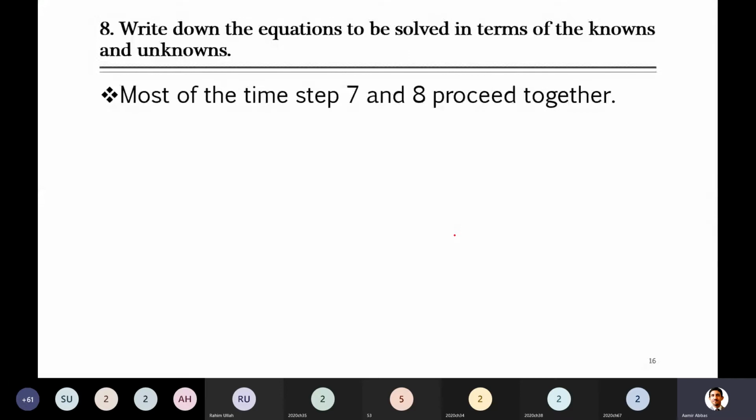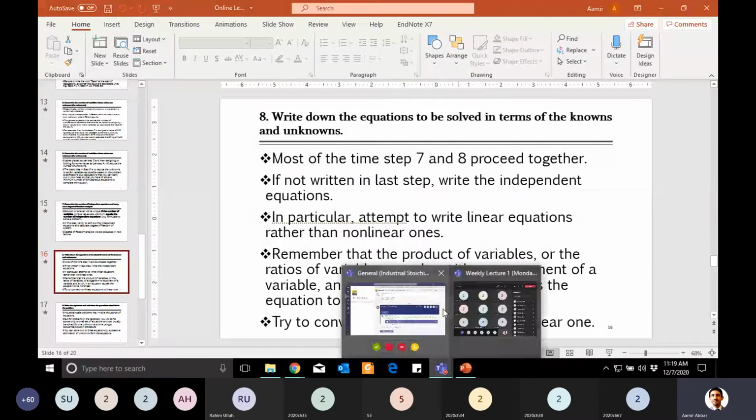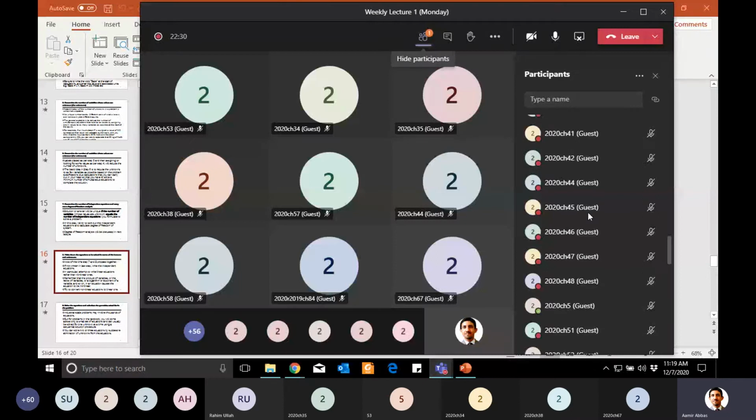Write down the equations which you have to solve for finding the knowns and unknowns. As I told you, the seventh step and this eighth step usually proceed together. In the seventh step, you look at what my equations are. Maybe in your mind you just think that this equation or that equation is possible, but in the eighth step it is necessary to write those equations.